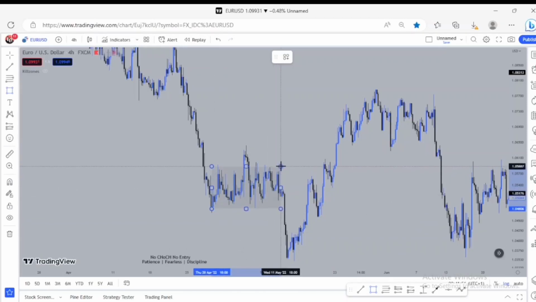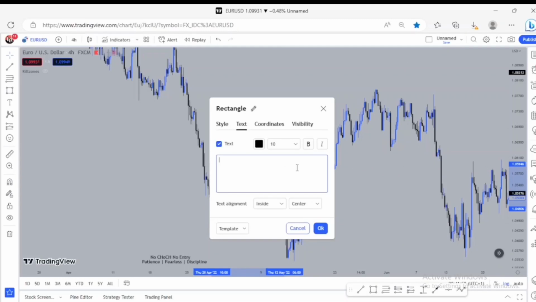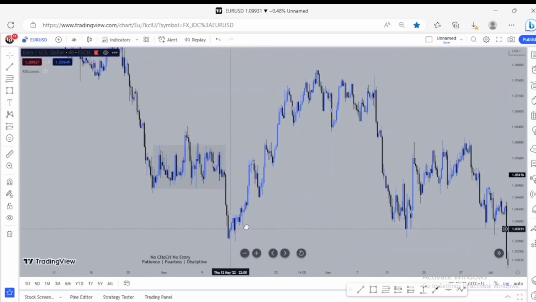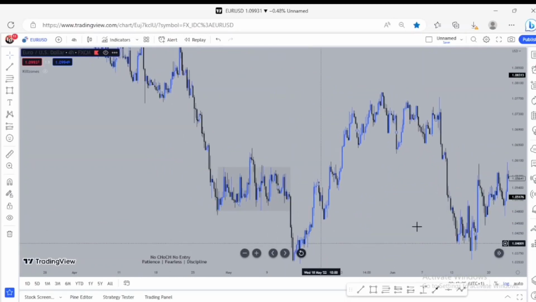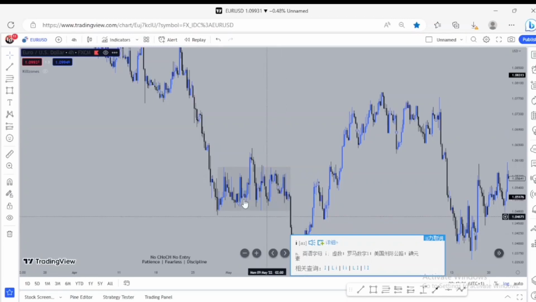All you can do after watching this video is go to your chart and backtest this type of market condition, so that whenever you come across it, you will know that this is a ranging market and that you don't need to take a trade out of it. The market gives you this low, high, low, high, low, and high and low before breaking the box. So this is an example of a sideways market.